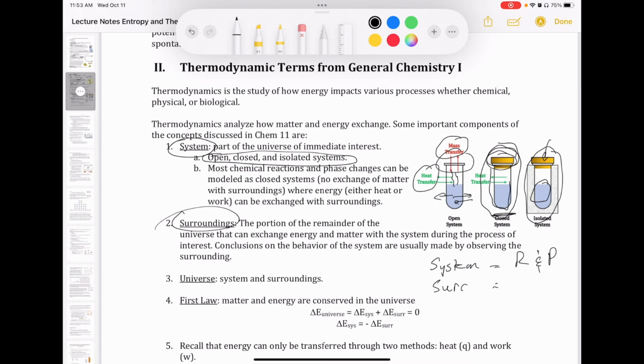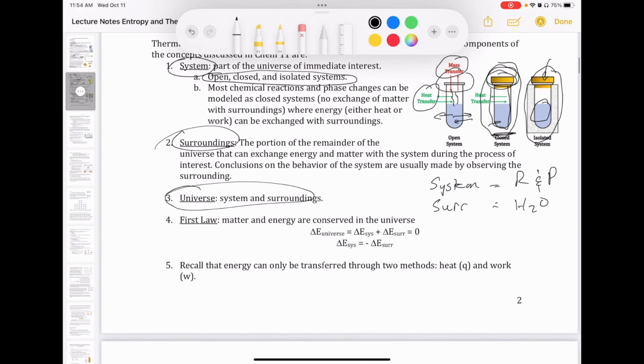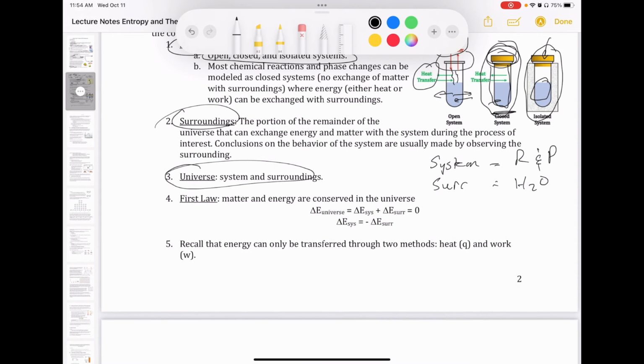Sometimes it's the test tube that's holding the reactants and products. Sometimes it's the water surrounding them, because the water is a solvent and the reactants and products are aqueous solutions that need to collide with each other for the reaction to happen. The universe is just the system plus the surroundings, so whatever we're looking at that is having that energy interchange.